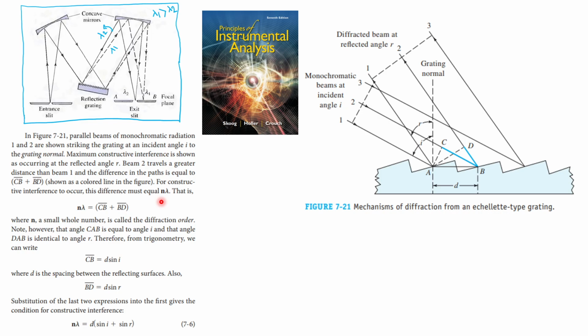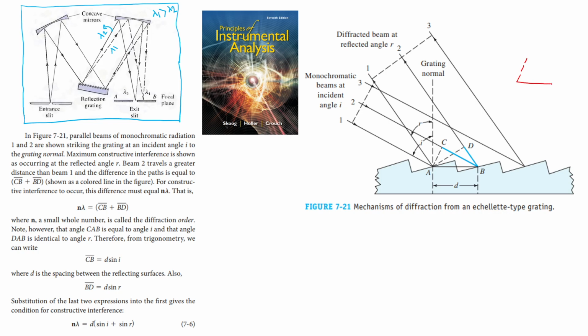Now what they're trying to say is, what is the value of CB and BD. To actually see that, let me use my pen. I will try to draw here.